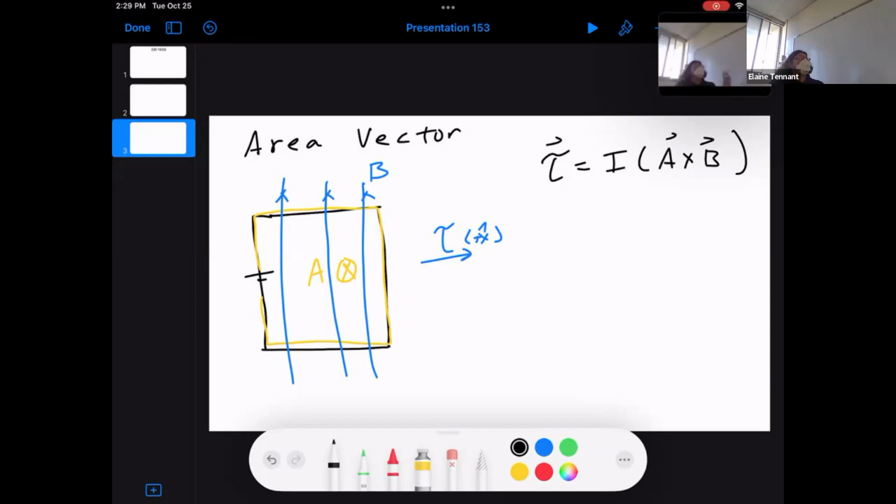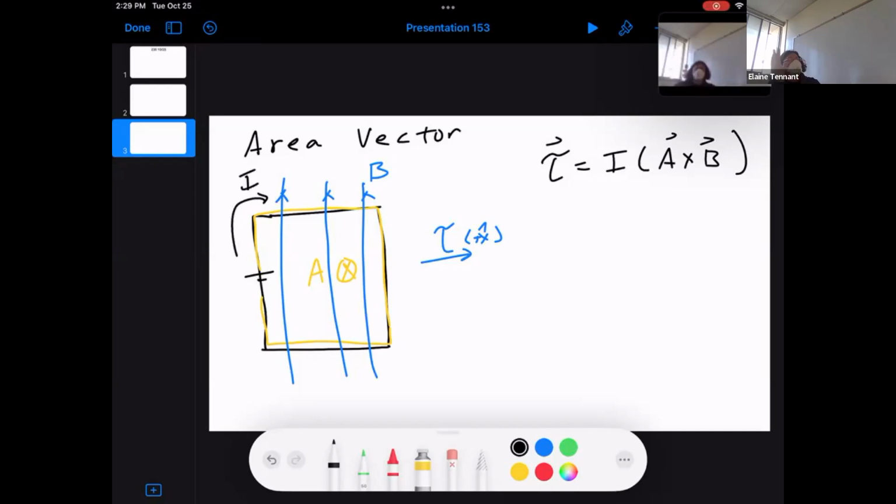Okay. Really quick, I do want to talk about how I determined the direction of the area vector. We knew it had to be perpendicular, so it was coming out of the board or going into the board. The direction of the area vector is actually going to be dictated by the current.